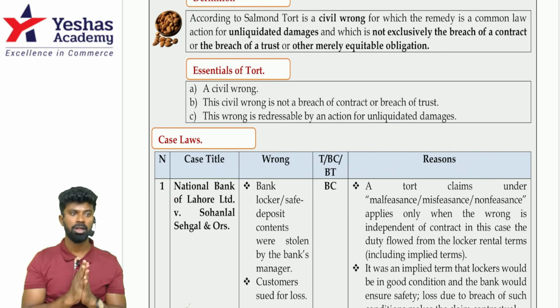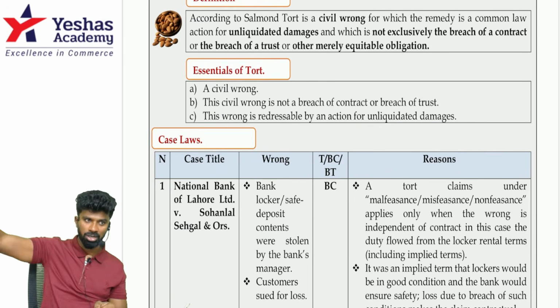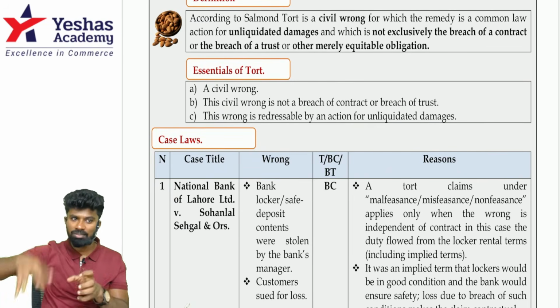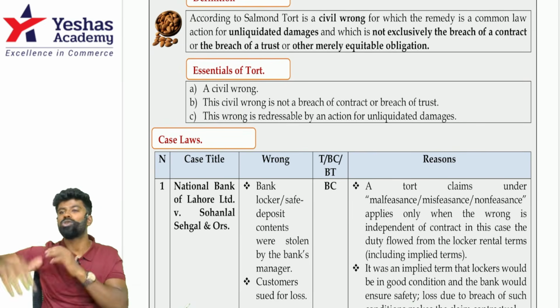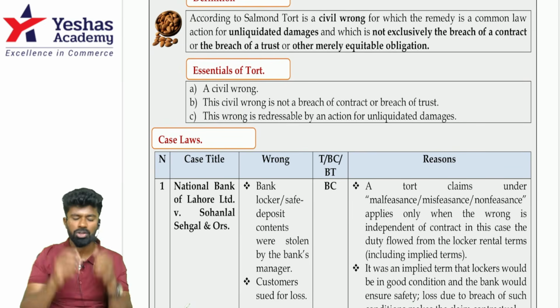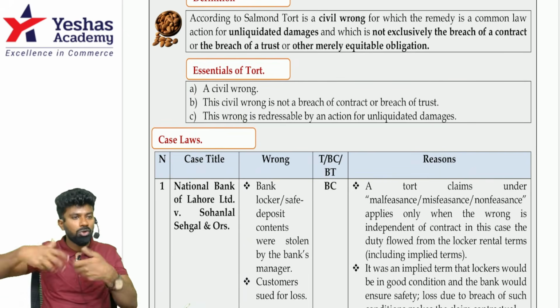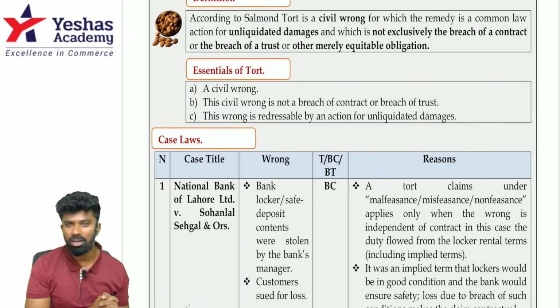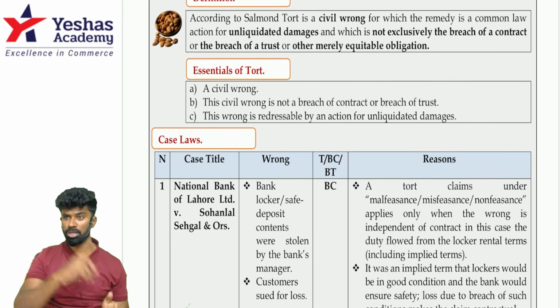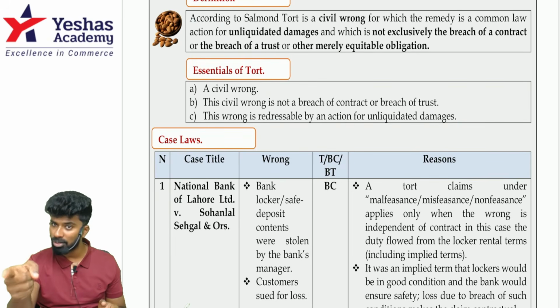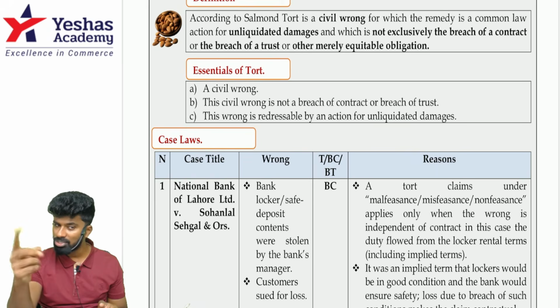If there is a clear provision or a clear law to deal with these particular incidents, then there is no question of application of tort. Tort is a common law. There is no codified law to deal with this kind of incidents. Are we clear with this? And to be a tort, it must be what wrong? Are all civil wrongs torts?